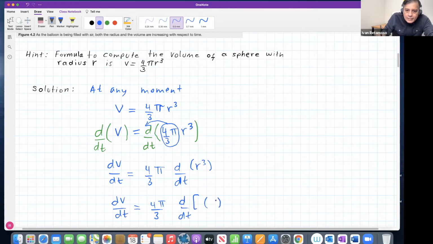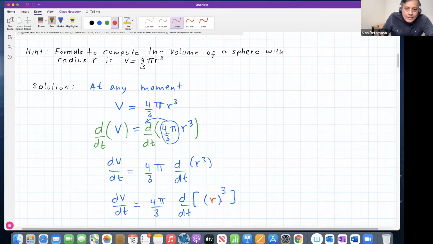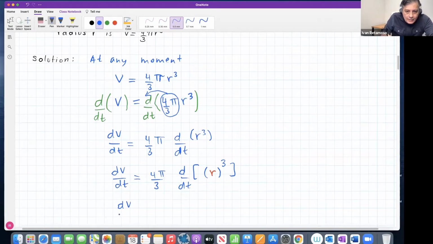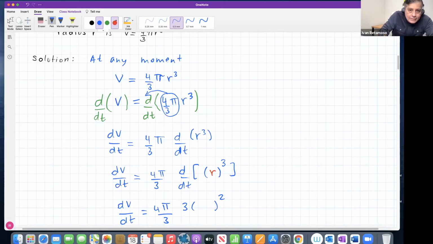The function r raised to a third power. Let's write r in red, so you identify this r as your inside function. It's a composition of functions, if you think of this r changing over time. So when you take this derivative, don't forget that since we are taking derivatives with respect to time, you have to start with the derivative of the outside function, which is this: 3 coming down, one less stays as exponent, r stays as the inside function.